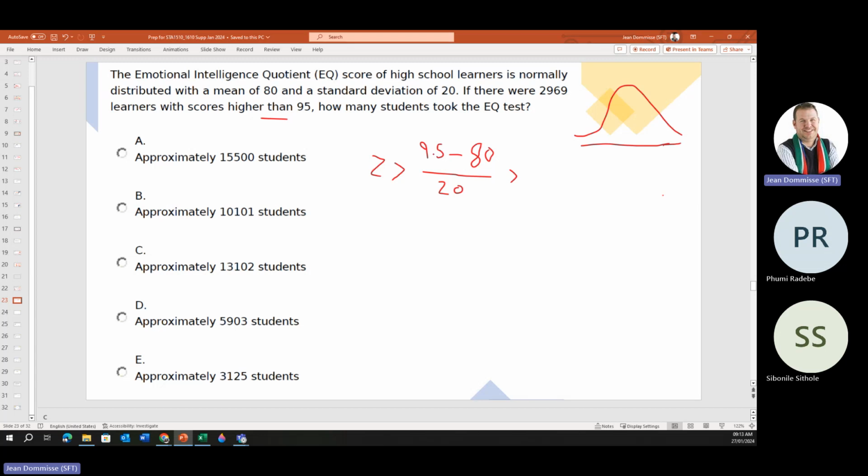So 95 minus 80, that's 15, divided by 20. So that is 0.75. Okay, so that is Z. That Z value is 0.75.